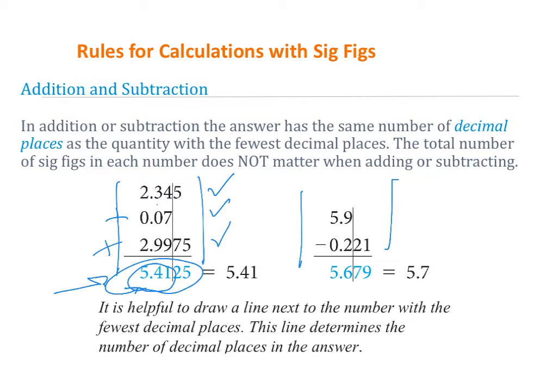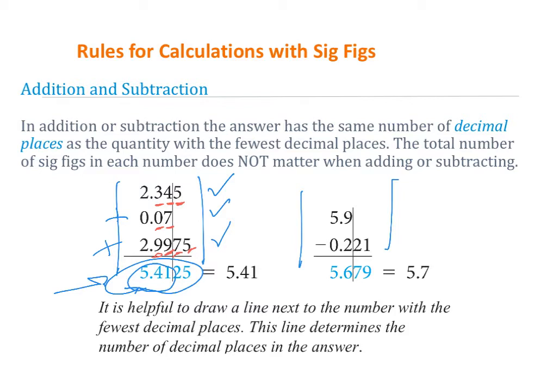So this top number has 3 decimal places, 3 places to the right of the decimal. The second number has 2 places to the right of the decimal. It doesn't matter if they're 0 or non-zero. You're just literally counting places to the right of the decimal. The bottom number has 4. Now, the precision of the answer is going to depend on the value with the least precision, and in adding and subtracting, again, it's the number of decimal places.